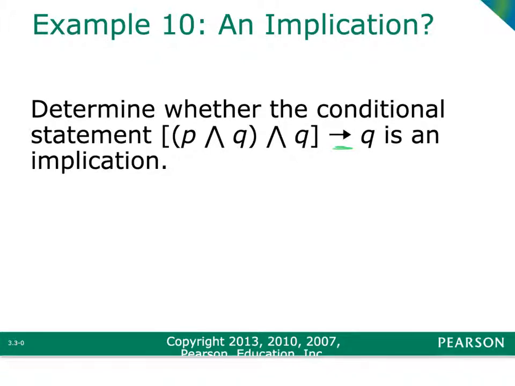Okay, so let's see. We have P and Q, if this, then Q. That sounds really confusing. So let's take a look and let's see what that is going to look like here. Okay, I'm going to shrink it up. I'll show you one way that the book does this.